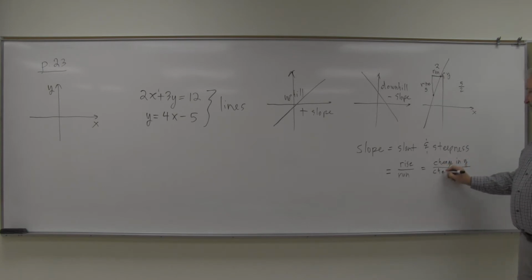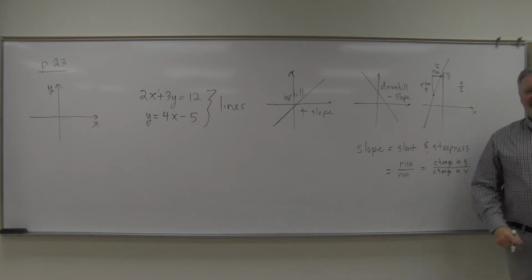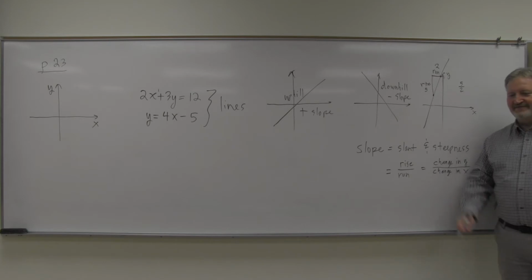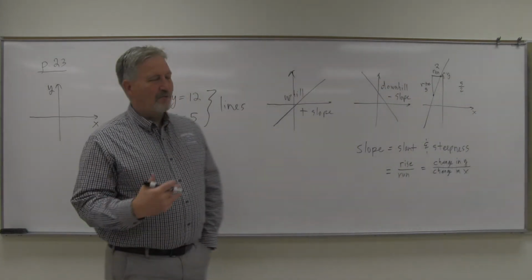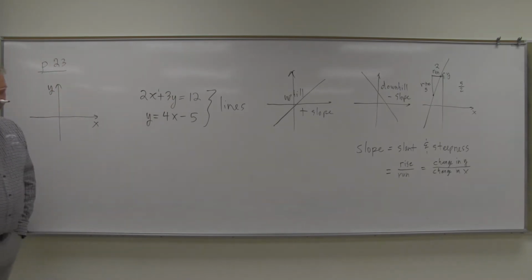I'm just trying to give you, because we haven't really done anything so far, this is just preliminary information, because what we want to do in the problems here is actually calculate some slopes.